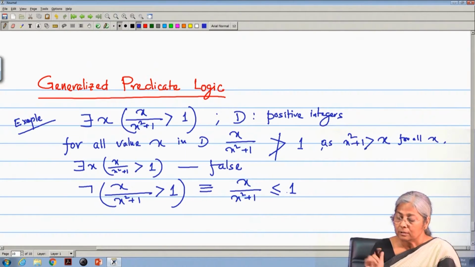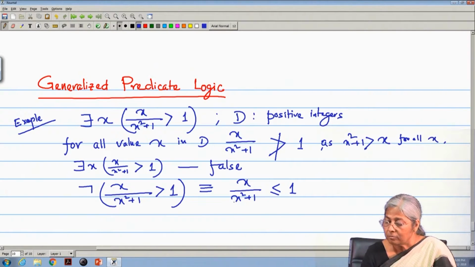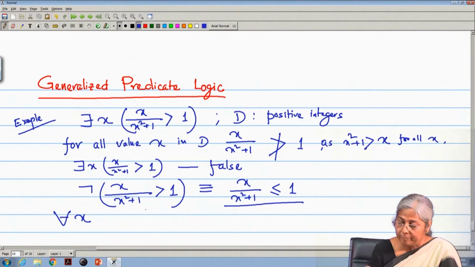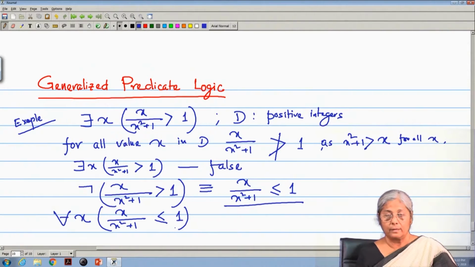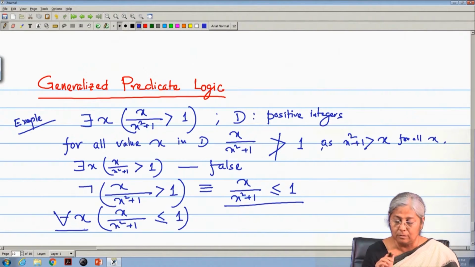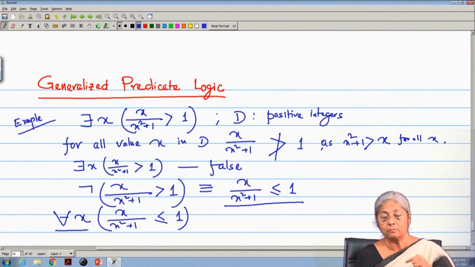Now can we check what happens for all values of x, this x by x square plus 1 less than or equal to 1? Since it is the universal quantifier for all x, if we have to show that it is true, then for all values of x in D, this should be true.